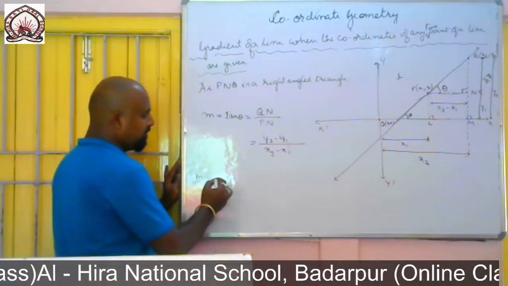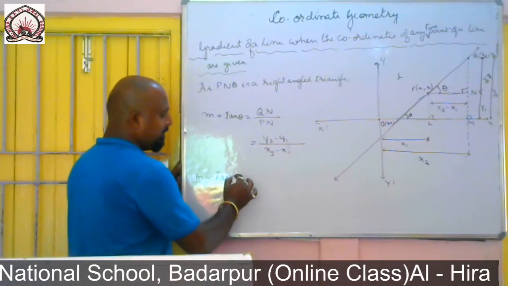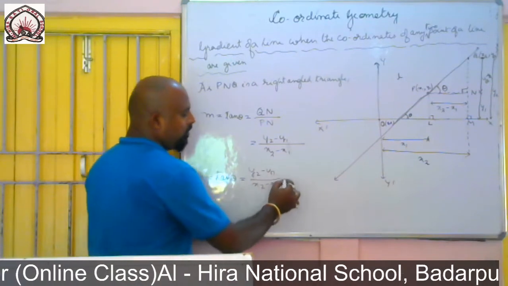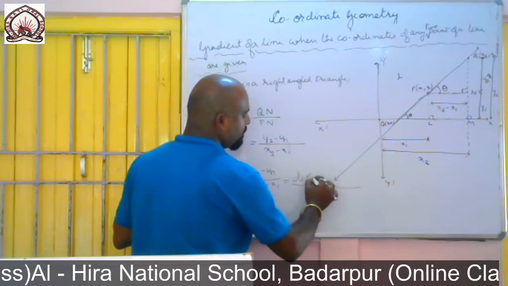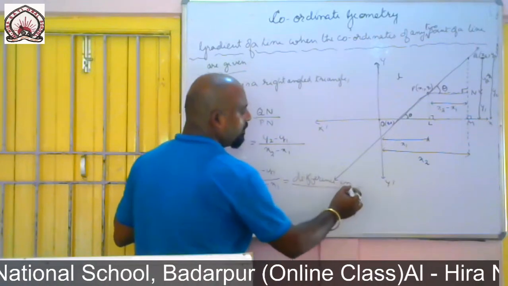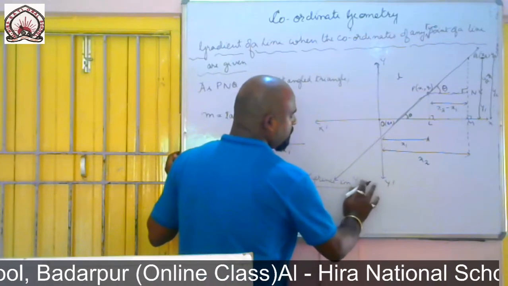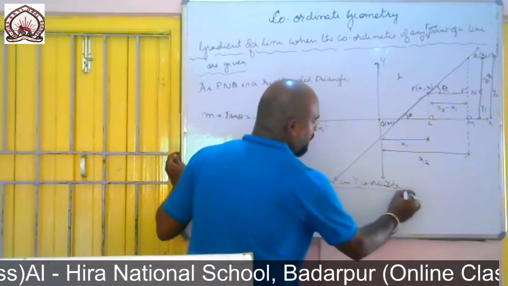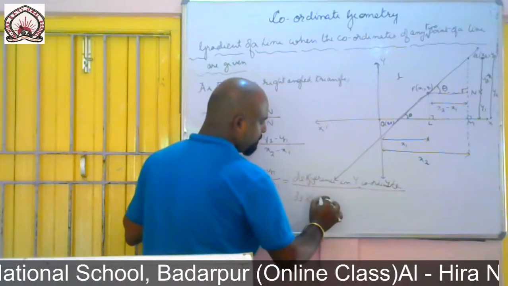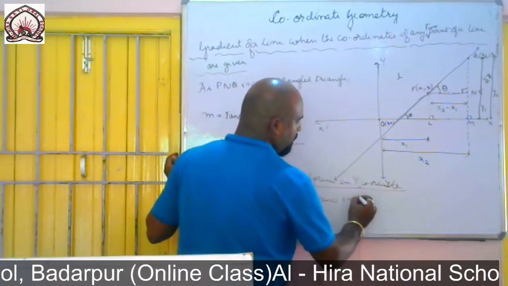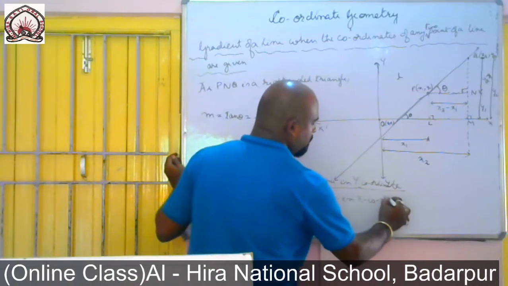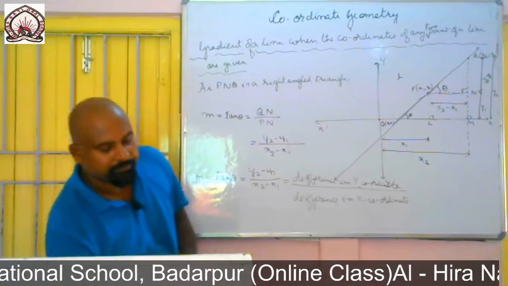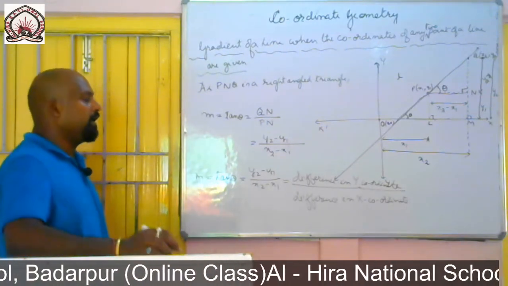So what you have learned is m equals tan of the angle theta equals y2 minus y1 by x2 minus x1, or the difference in y coordinate by the difference in x coordinate.